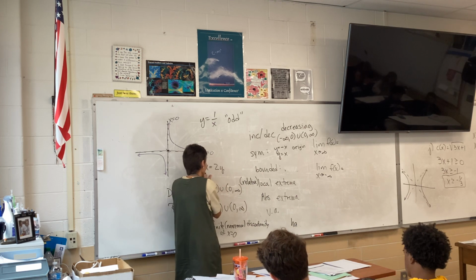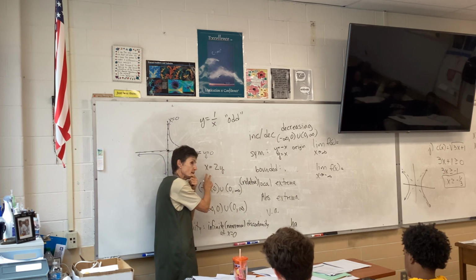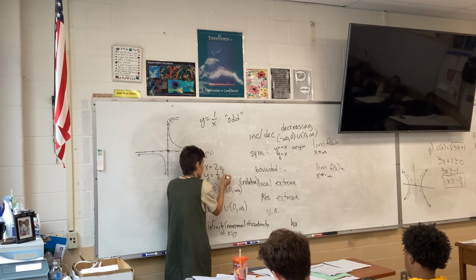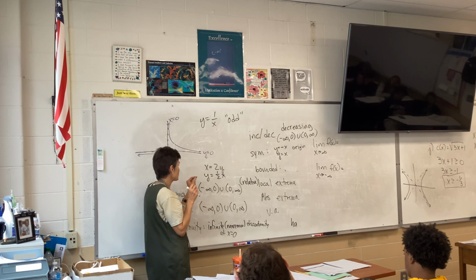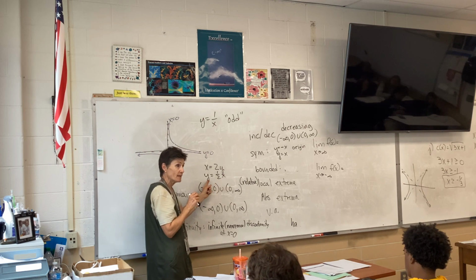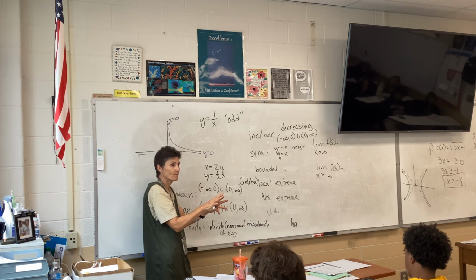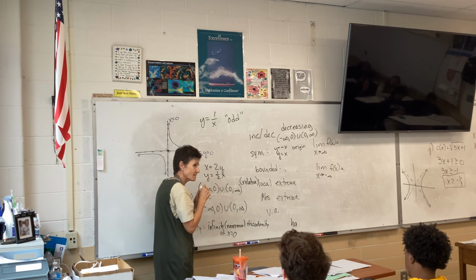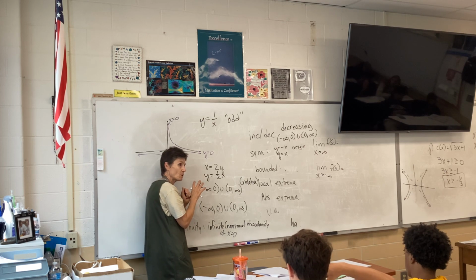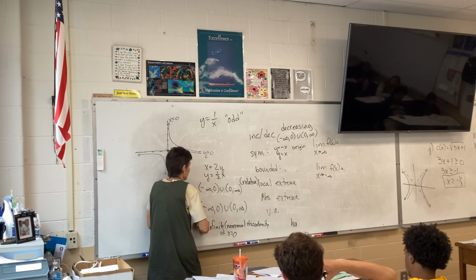Okay, so this is the line y equals 1/2 x. It has symmetry about the origin, because if I change both signs, it's really the same equation, right? But if I switch the x and the y, I don't get the same equation.